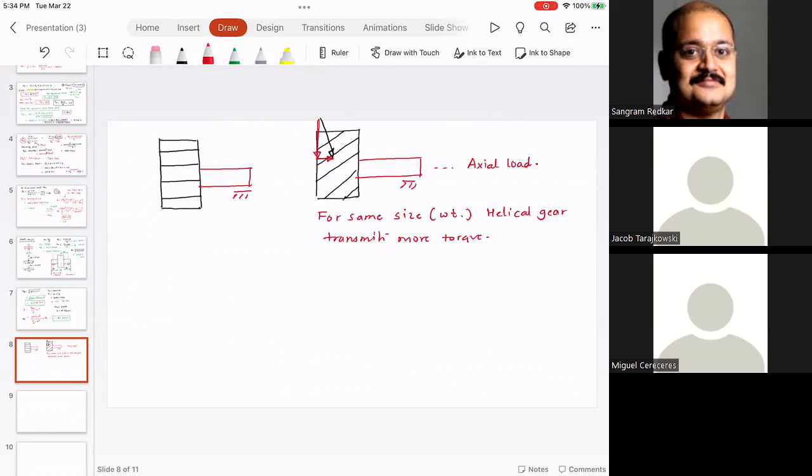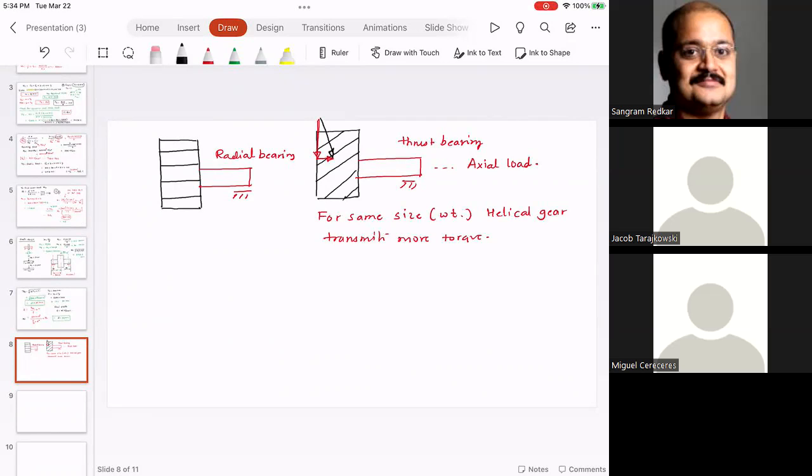So in spur gear, you can just use the rolling contact bearings. In helical gear, you must have a thrust bearing. So here you can get away with radial bearings. So in helical gear, you get this side load.